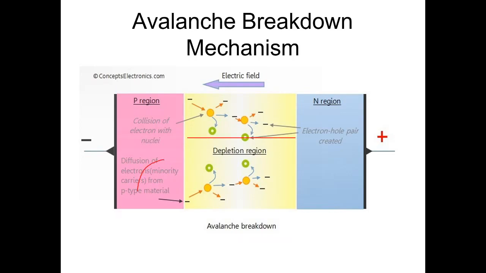At that time, they hit the covalent bonds. Once they hit the covalent bonds, they generate new free electrons, and from those electrons we can get current. So we are going to get a huge amount of current.